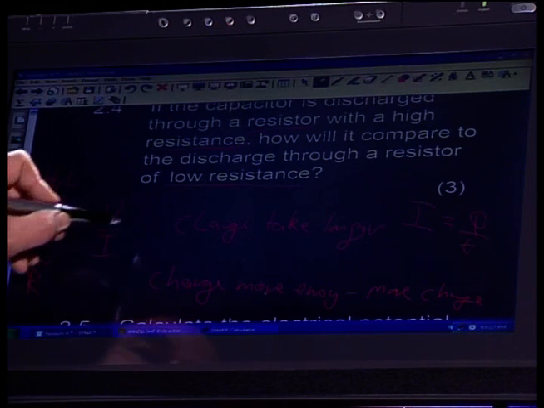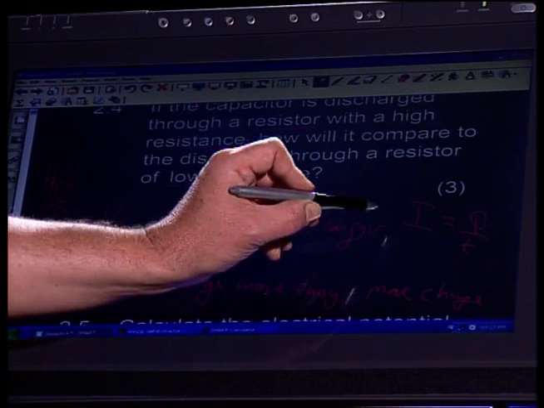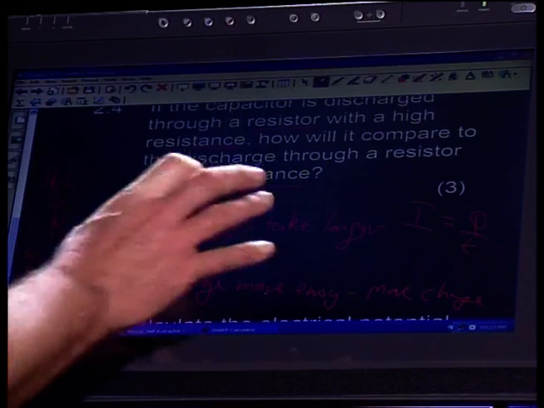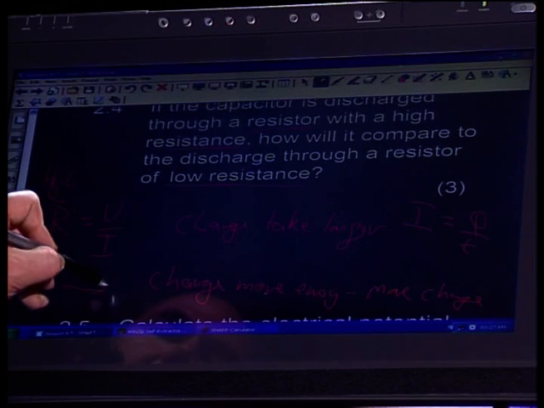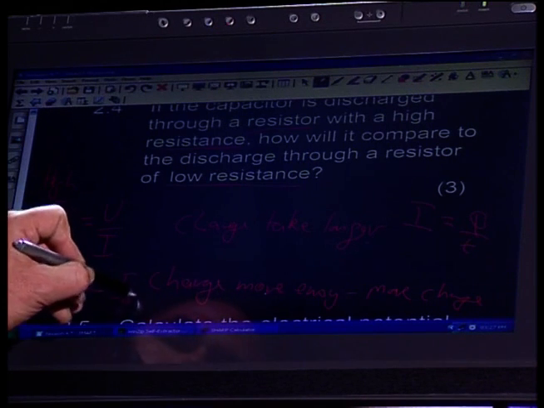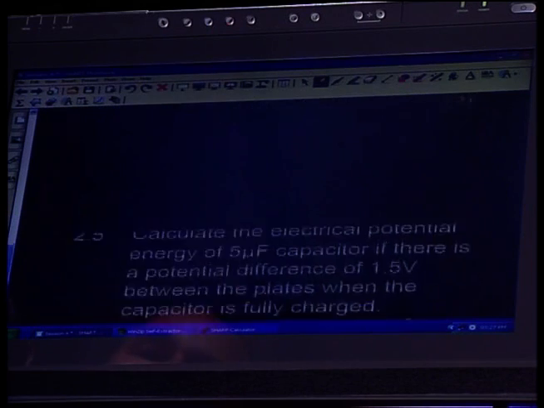High resistance, low current, because the charge is going to take longer to move. It's going to battle to get through the resistor. Low resistance, more charge can move, same potential, same energy is pushing the charges. So low resistance, we're going to get high current. Okay.